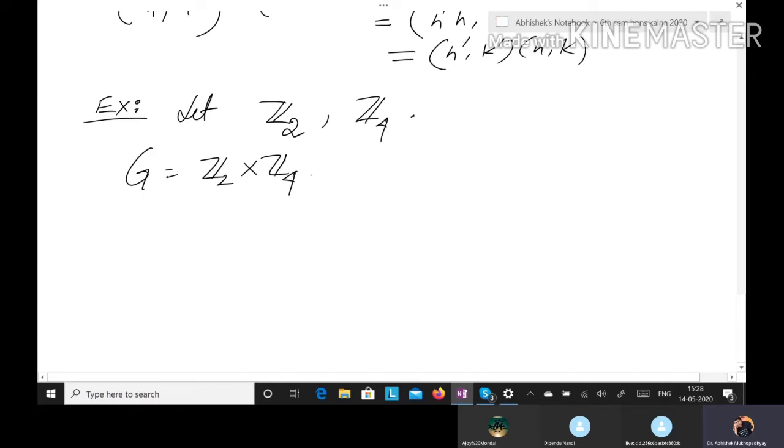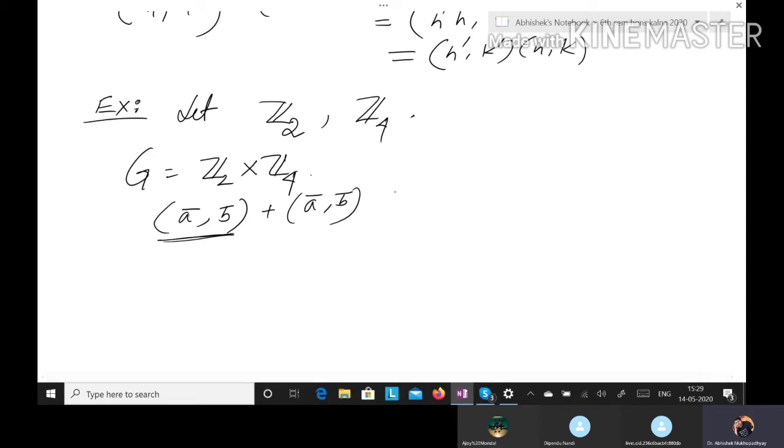Now, if you look at the elements of this group, let us suppose [a], [b] is any arbitrary element of Z2 cross Z4. Then to find out the order of this element, let us add it to itself.